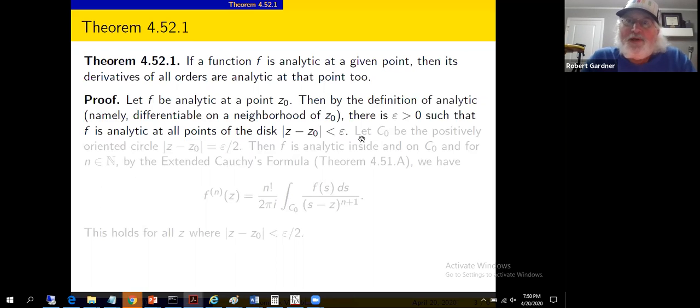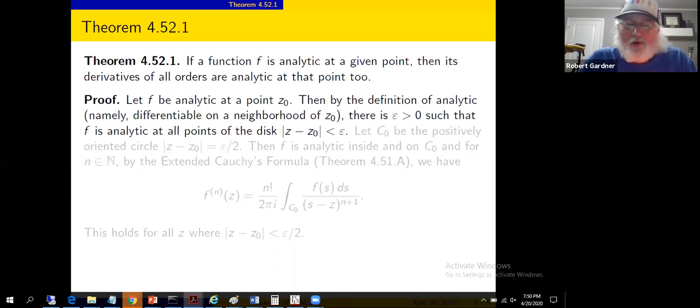We just need a little wiggle room, as is common in analysis. Being analytic at a point z sub 0 means being differentiable in a neighborhood of z sub 0. So there exists an epsilon greater than 0 such that f is analytic at all points in a disk of center z sub 0 and radius epsilon.